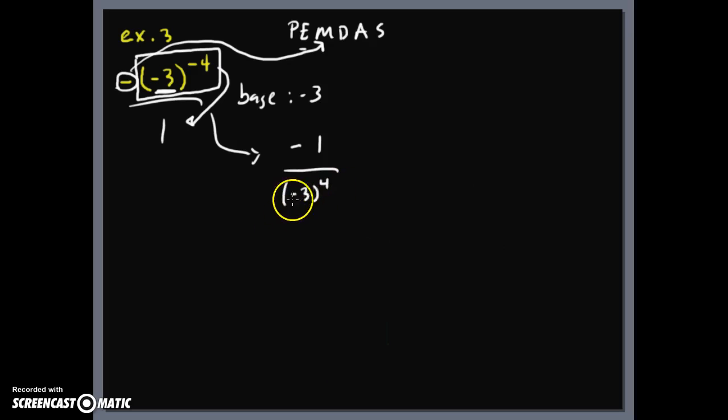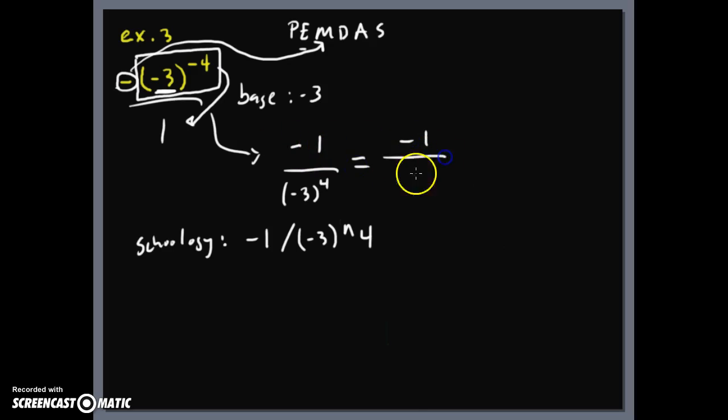In Schoology, what this would look like would be negative 1 divided by parentheses negative 3 parentheses, and we can't do the exponent that way, so we say caret 4. Now we can go ahead and evaluate this. So this negative is just going to stay negative.